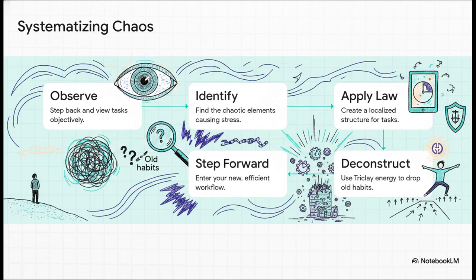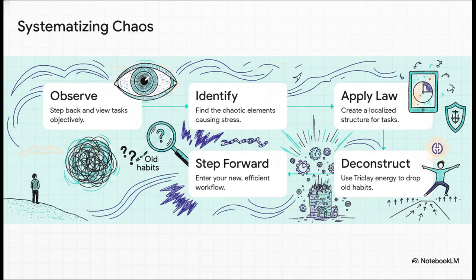Try this exercise out. Step 1. Step back into your inner observer. Look at your terrifying to-do list objectively, without the panic. Just look at it. Step 2. Identify the chaos. What old, inefficient habits are actually causing this stress? Step 3. Apply Arcanum 11 by creating a localized law. Just decide right then and there, you know what?